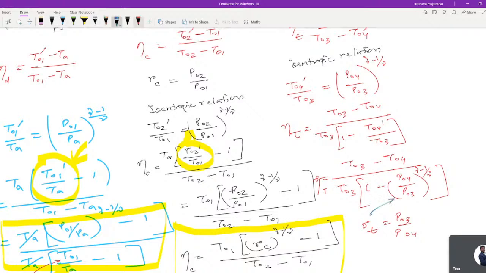If you compile that, you will get T naught 3 minus T naught 4 equals eta T into T naught 3, 1 minus of 1 by RT to the power gamma minus 1 by gamma. You will get like this.